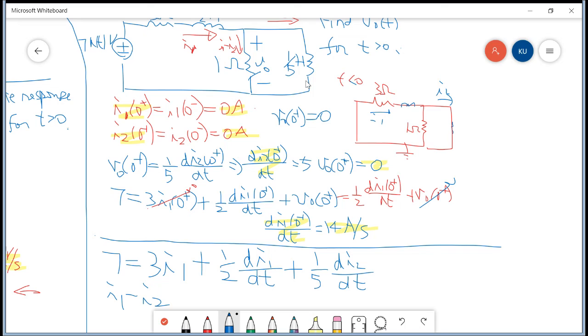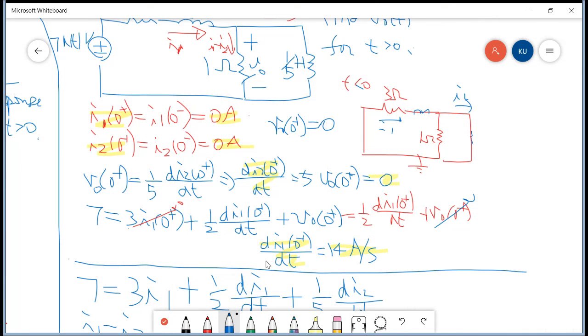This voltage is 1/5 di2/dt over 1. This resistance is 1 ohm.